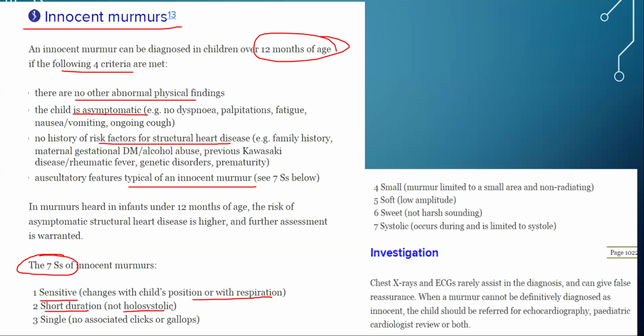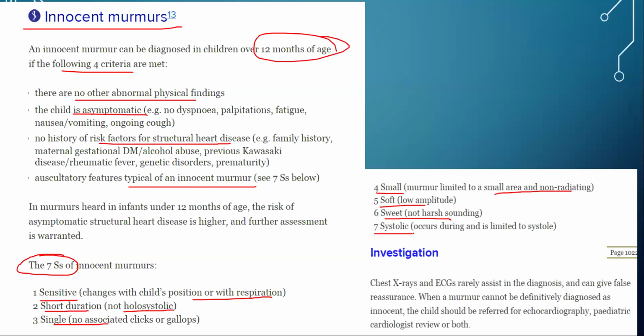It's short, it's never a holosystolic murmur. It is single without any clicks or gallops. It is small, so the murmur is limited to a small area, not the whole precordium. It is soft, sweet, which means it is not harsh, and it is always systolic.